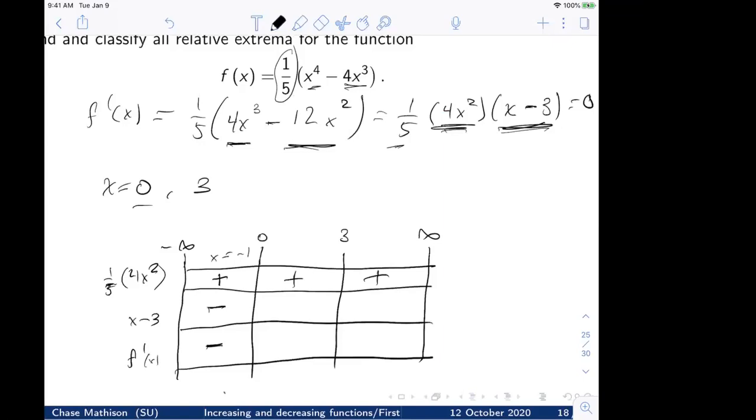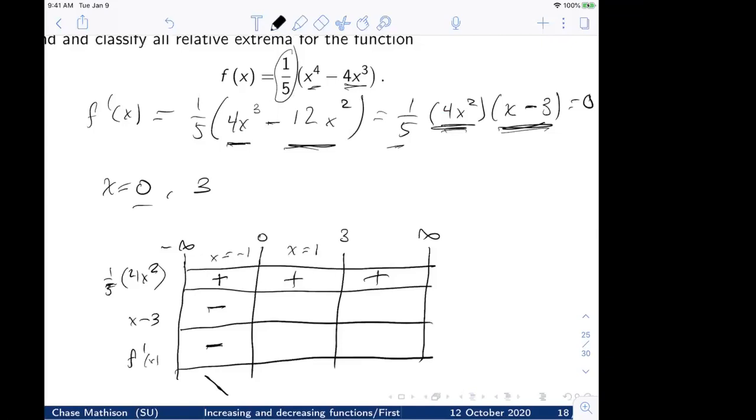So f is decreasing between minus infinity and 0. Okay. What sign does x minus 3 have between 0 and 3? Well, you should pick a test value. So what should my test value be? 1. Perfect.